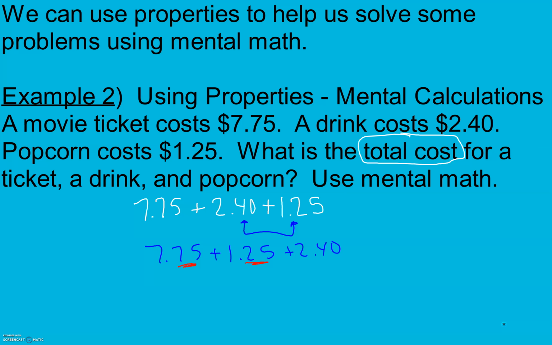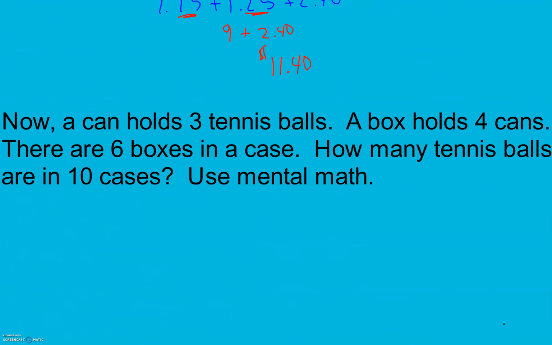So when I take $7.75 plus $1.25, that brings me to $9 even. And now I can add in the $2.40 and get $11.40. So it's all about grouping things in a way that makes it a little bit easier. Not that we couldn't have done it the other way, but it's helpful to work smarter, not harder, sometimes.